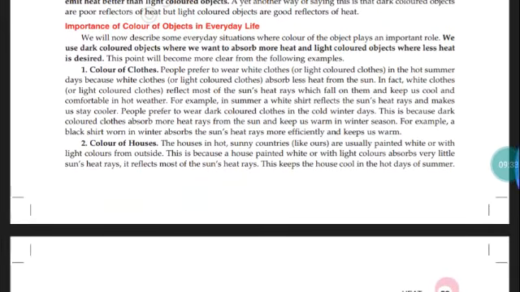From this, there is some importance of the color of objects in our everyday life. We use dark color objects where we want to absorb more heat and light color objects where less heat is desired. That means dark color objects do not reflect any heat, they absorb it, and light color objects reflect more heat, they send back the heat.